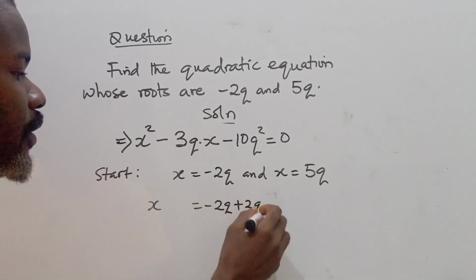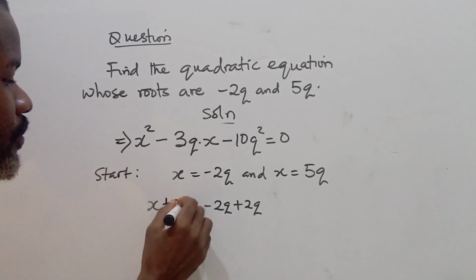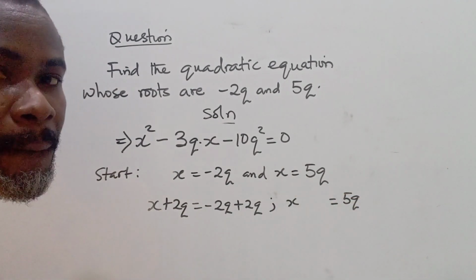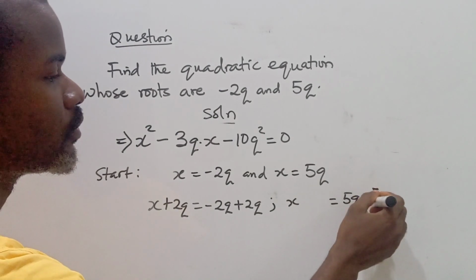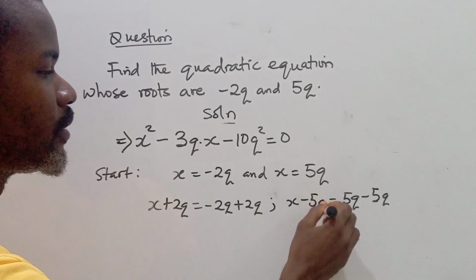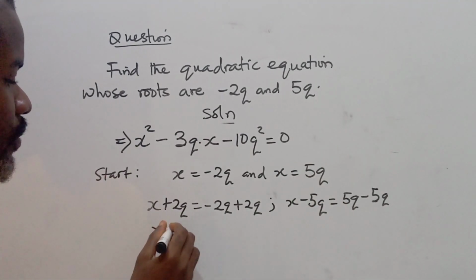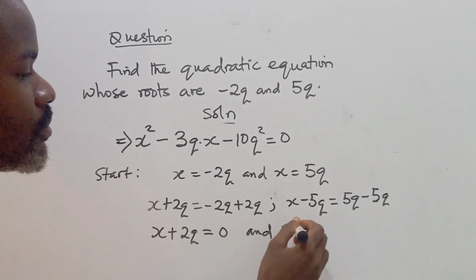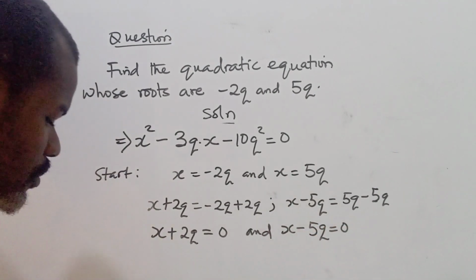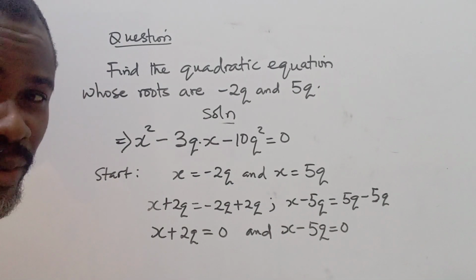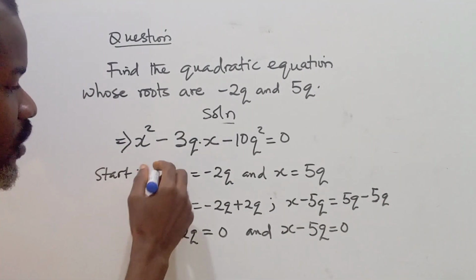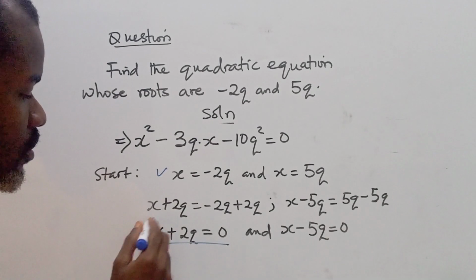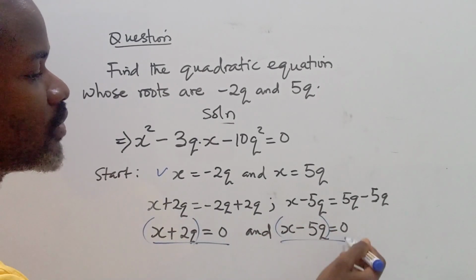I'm going to add 2q here so that this side becomes 0, and do the same on the other side. For x equals 5q, how do I make this side 0? I remove 5q from both sides. So we have x plus 2q equals 0 and x minus 5q equals 0. When solving a quadratic equation, you get to a point where each of these factors equals 0.